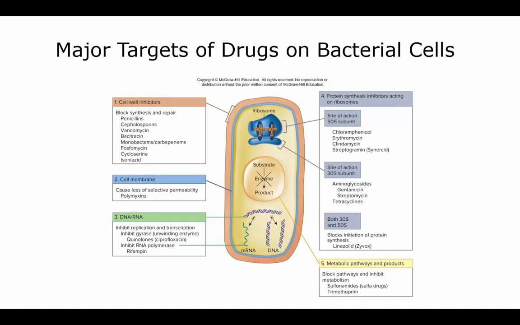So these are the major targets. It would behoove you to look at this closer and see which drugs do what. For cell wall inhibitors, cell membrane, nucleic acids, protein synthesis, or the metabolic pathways.